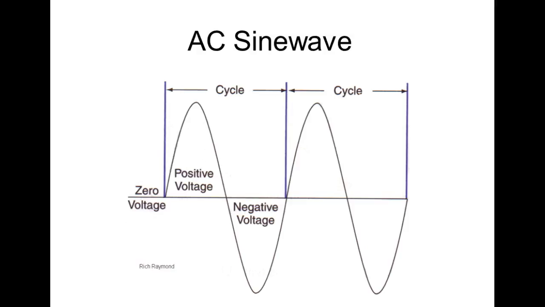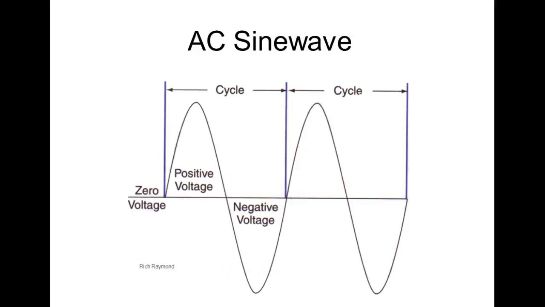If I was to take this positive voltage spike here and flip it around, it would exactly lay on top of the negative. It's not a linear waveform, so it slopes differently as it moves up.